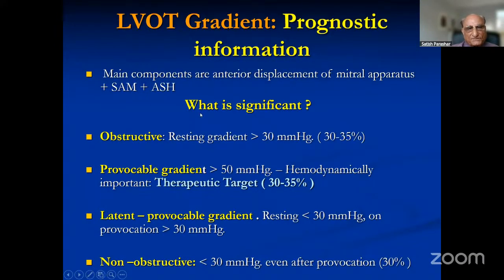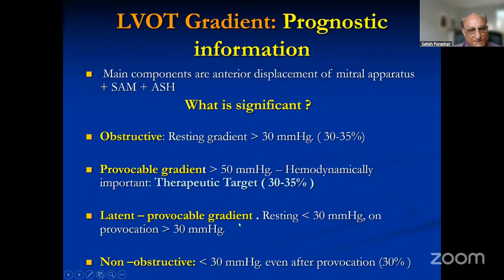But what is significant is that an obstructive gradient is one where the resting gradient is more than 30 millimeters of mercury. A provocable gradient is one in which a hemodynamically significant gradient can be obtained by provocation, and more than 50 millimeters Hg is supposed to be a therapeutic target for various management, found in about 30 to 35% of cases.